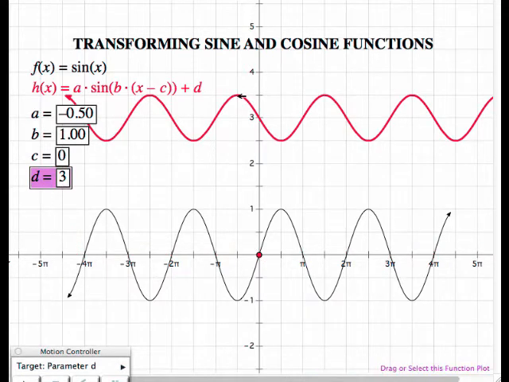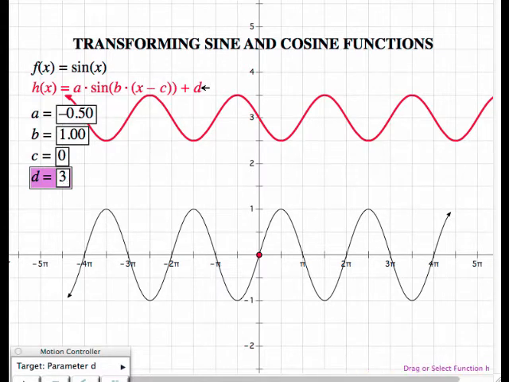And you'll notice that my amplitude would be calculated by taking the highest y value, 3.5, minus the lowest y value, 2.5. 3.5 minus 2.5 is 1, dividing by 2 to get a half. And so you'll notice that the amplitude is related to the a still, despite a vertical shift up and down, except it's the positive of that because amplitude is always positive.